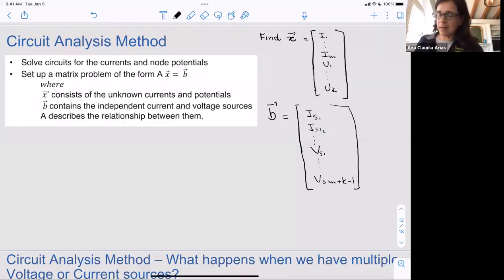Now we would write this as our equation. We had a matrix A, which relates the unknowns from vector X to the stimulus, the given parts of vector B. Well, because they are linear independent, we can write the solution for this.